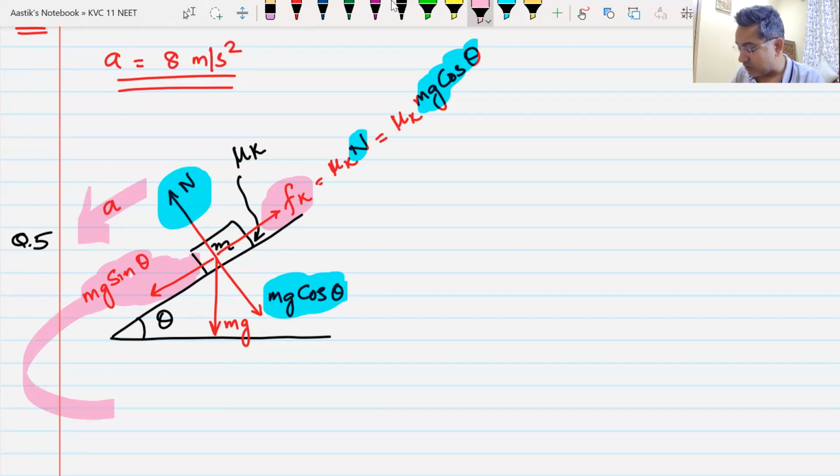What will be the equation of this block? Can anyone tell me?